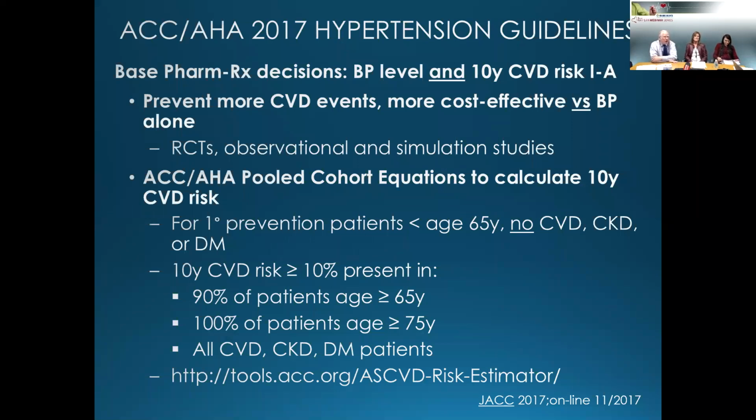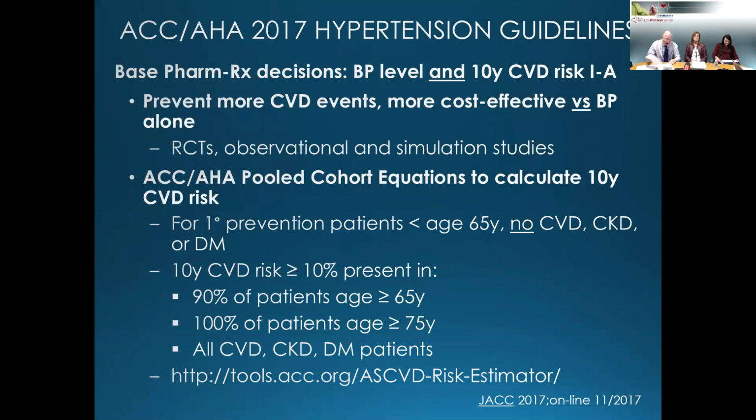Note that 10-year cardiovascular risk is already 10% or higher in 90% of patients age 65 and over, regardless of their risk factors, and in literally 100% of patients age 75 and over, and in all patients with clinical cardiovascular disease, chronic kidney disease, or diabetes. You do not need to calculate the 10-year risk in those patients.